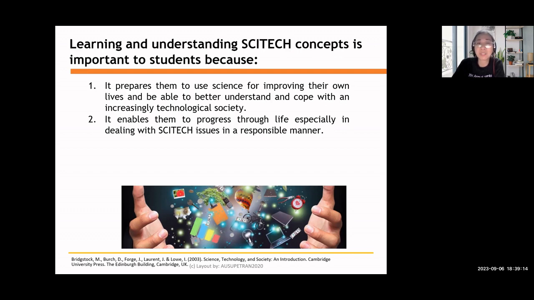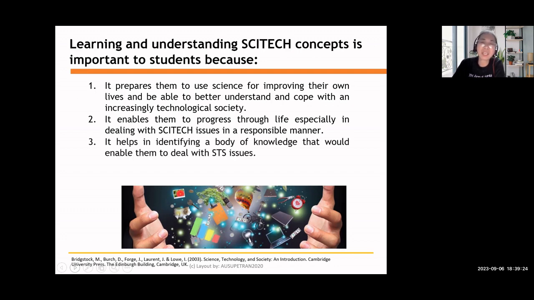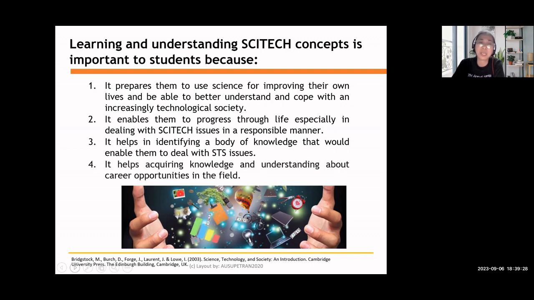We see that lots of times. It also enables students to progress through life, especially in dealing with SciTech issues in a very responsible manner. It helps in identifying a body of knowledge that would enable them to deal with STS issues. And it helps in acquiring knowledge and understanding about career opportunities in the field.